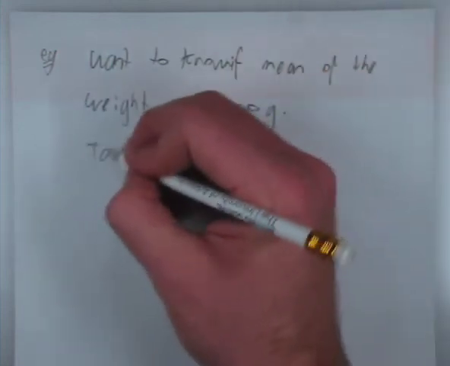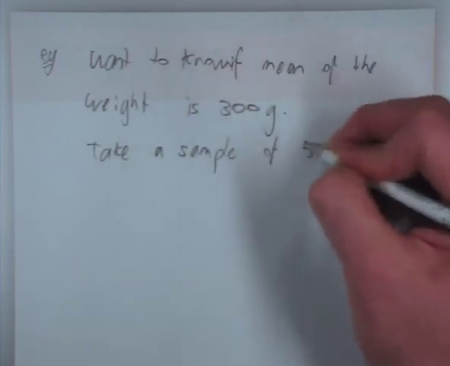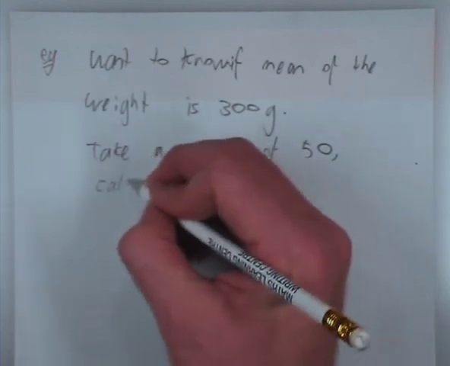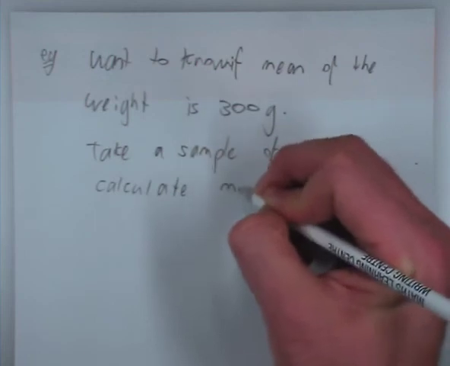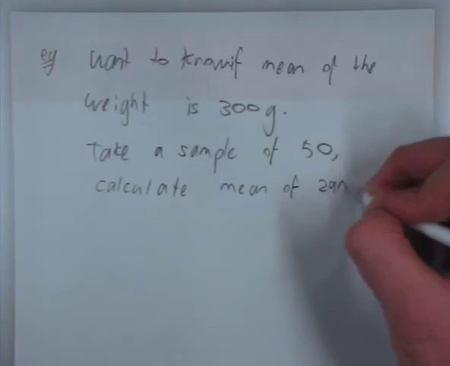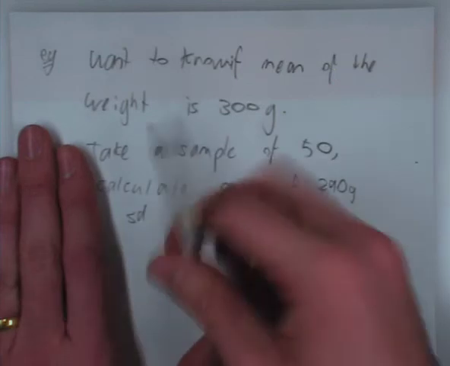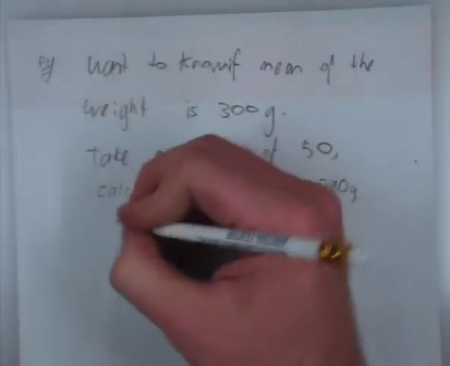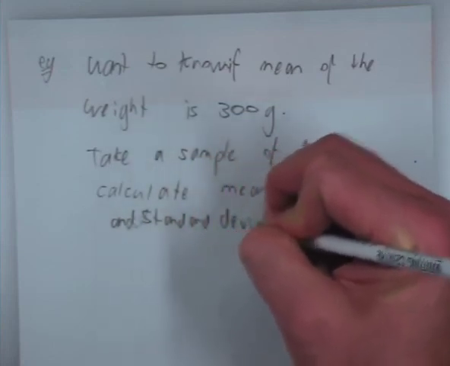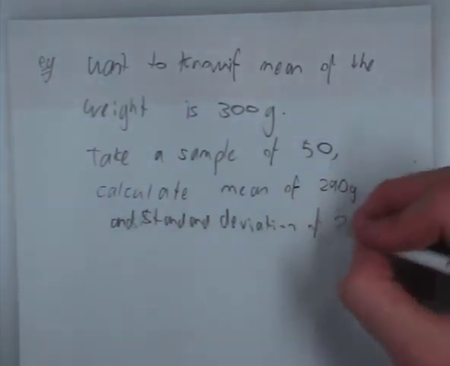And so we take a sample of maybe 50 and we calculate the mean of, say, 290 grams and a standard deviation of 20.